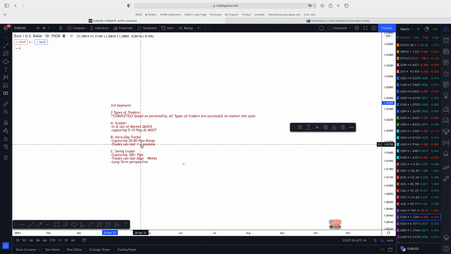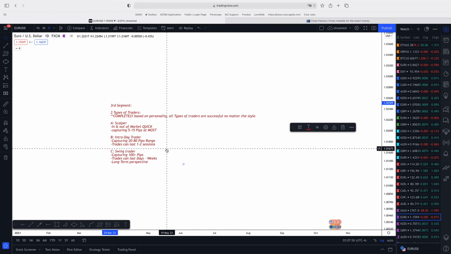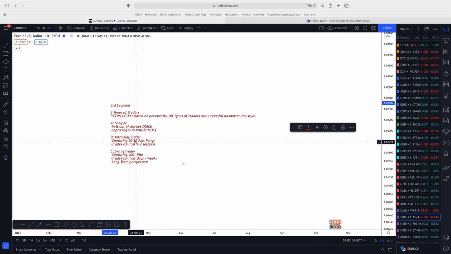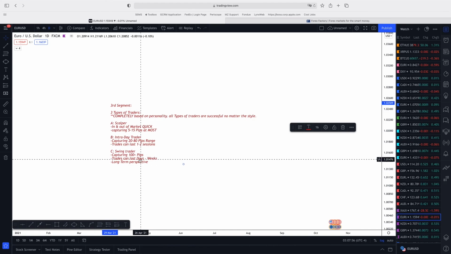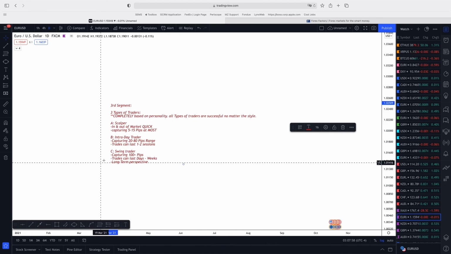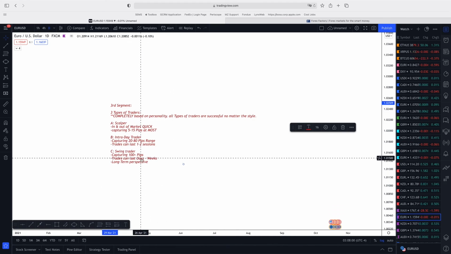Or it may go into Tokyo or London, and then it may close out there. But we try not to hold trades longer than a 24-hour period. It's usually 1 to 2 sessions. So it's like 4 hours to 24 hours at most that we hold trades, and we capture between 20 and 80 pips. A swing trader is someone that likes to capture 100 plus pips.